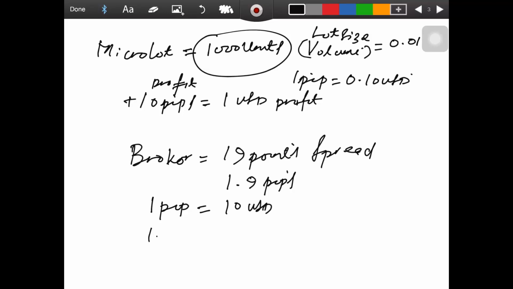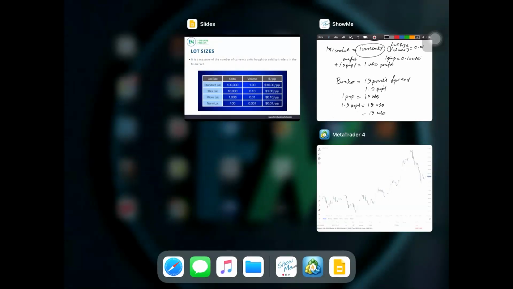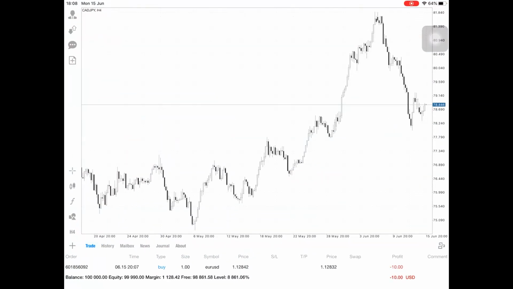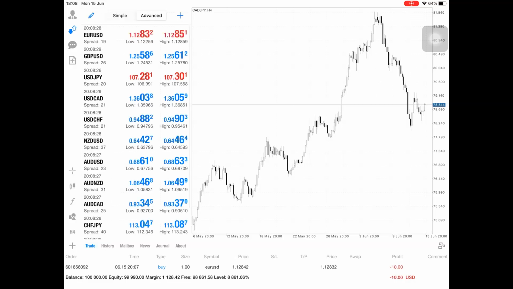So 1.9 pips, which the broker has taken as a spread, is equal to what? 19 USD. So minus $19 is what you immediately see on your MetaTrader 4 platform, because the broker has taken his commission.